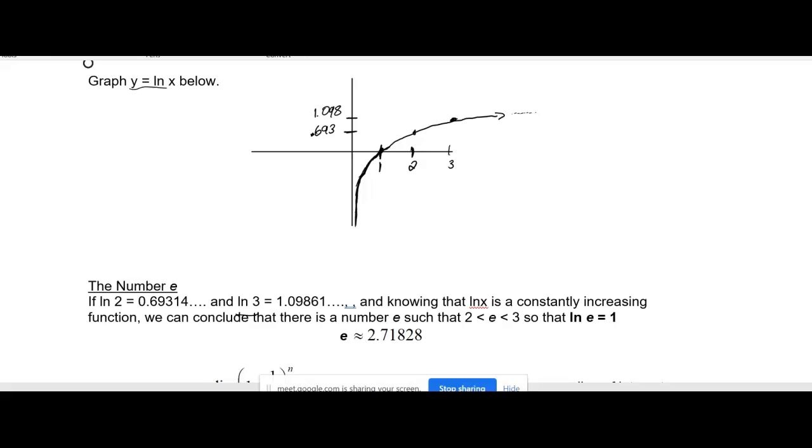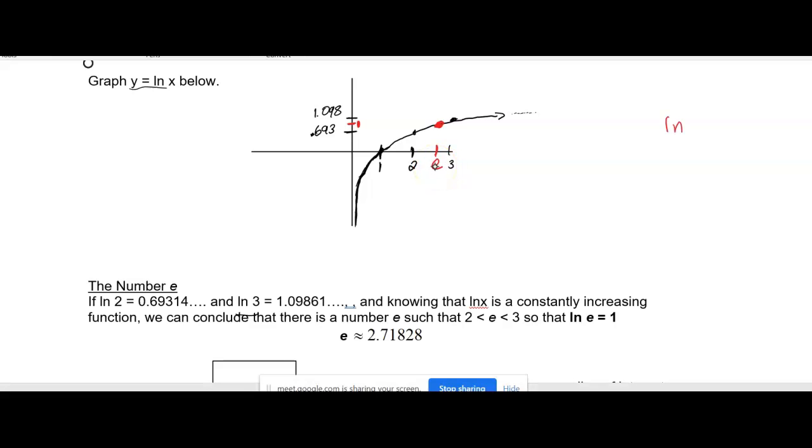The reason I say that is, somewhere, didn't we have to hit the value of 1? Somewhere in here, we would have had to have hit the value of 1. We're constantly increasing, we hit a value of 1. Where we hit the value of 1 is at the number e.